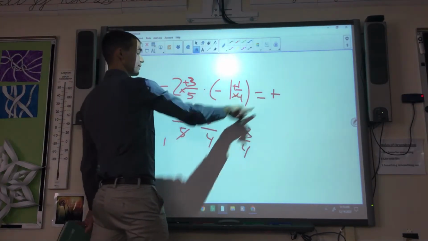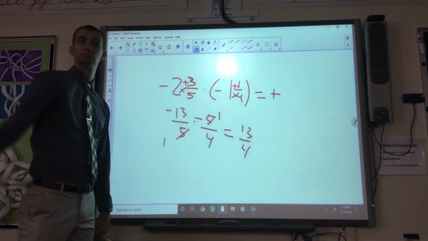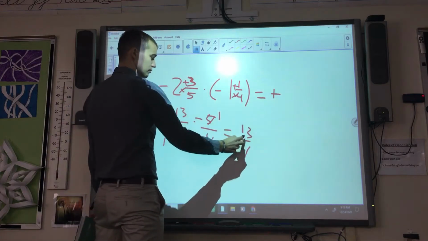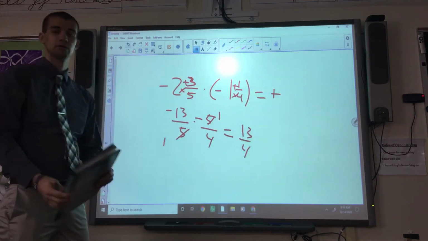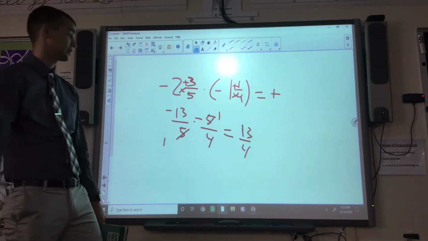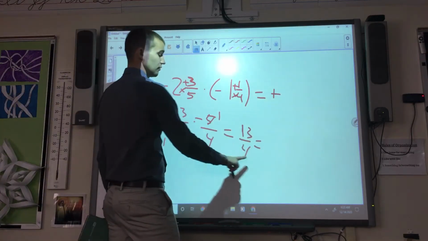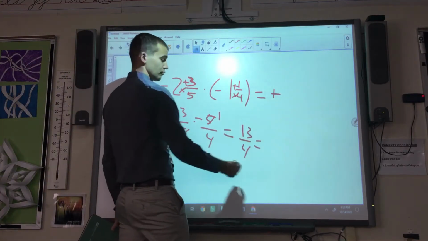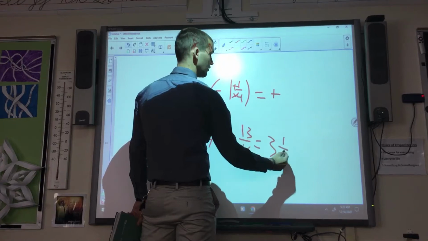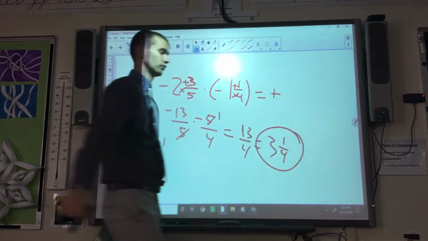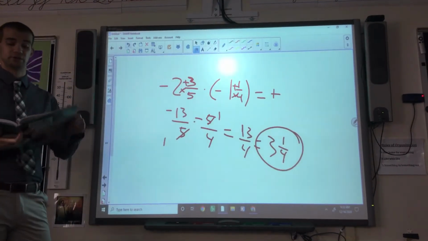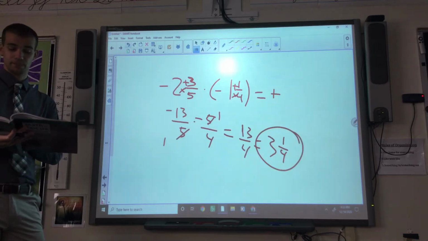And we know our answer is positive. Good? No. Why not? 3 and 1/4. 4 goes into 13 3 times, and there's 1 over 4 left over, and your answer is positive because that was negative there.